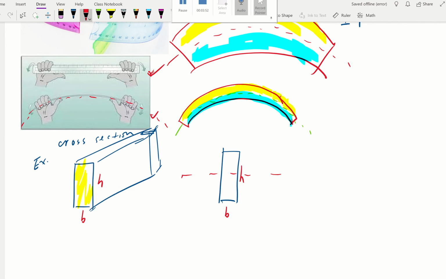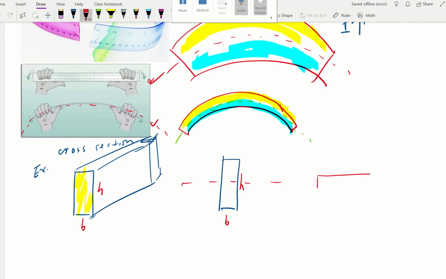Or I can flip it around, so I have the rectangle this way, this is our B, this is our H, and I'm bending around this direction. Of course, this one is way easier, and the other is going to be harder to bend.